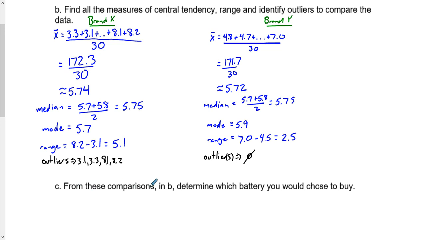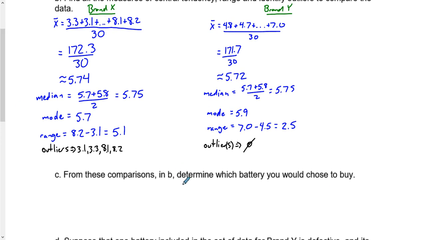So if we were to compare these from letter B, which would you probably make as a choice to buy? Well, you could make an argument either way. If you chose X, you might get an outlier. You could be lucky.